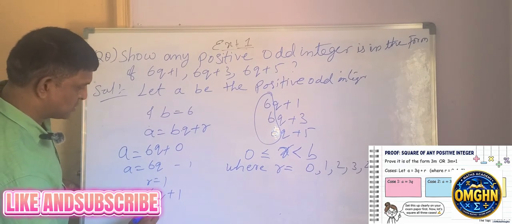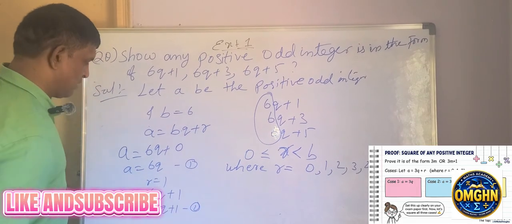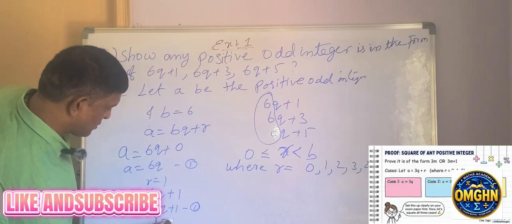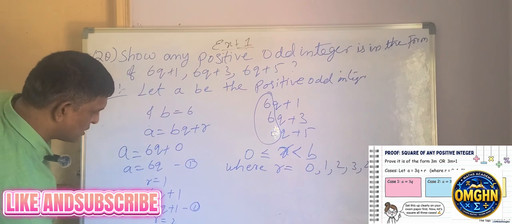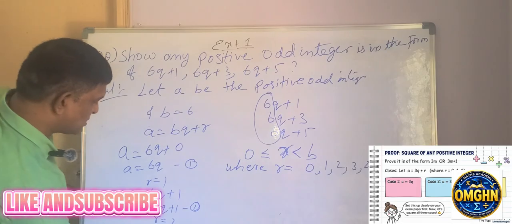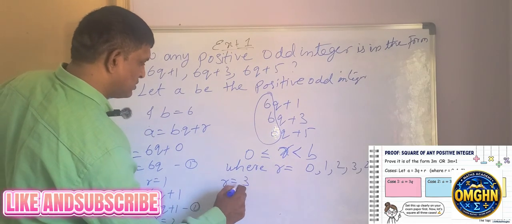This is the second. Now again the remainder R is 2, that is A is equal to 6Q plus 2. This is the third. Now substitute R is equal to 3.